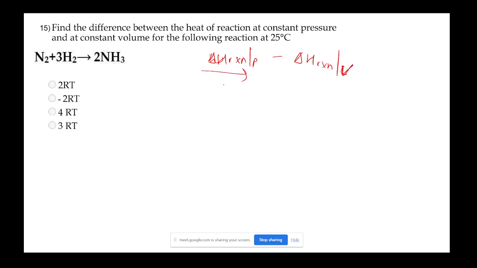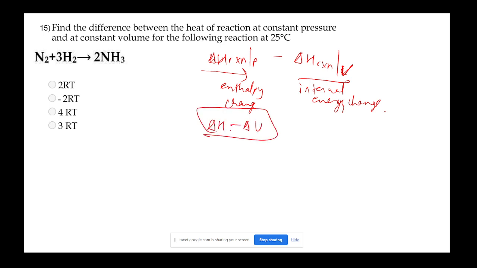So this is nothing but enthalpy change, and this is nothing but internal energy change. So I need to find delta H minus delta U. Delta H and delta U are related as delta H equals delta U plus P delta V. So delta H minus delta U is nothing but P delta V.